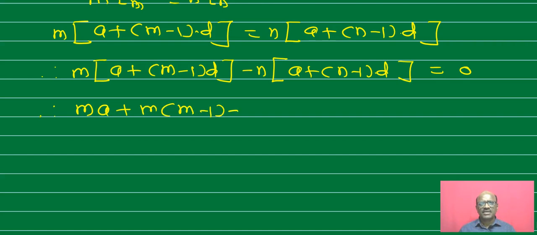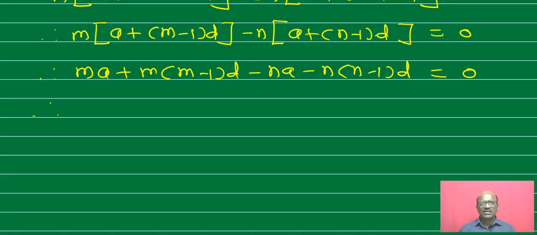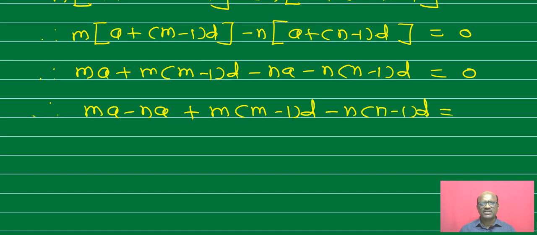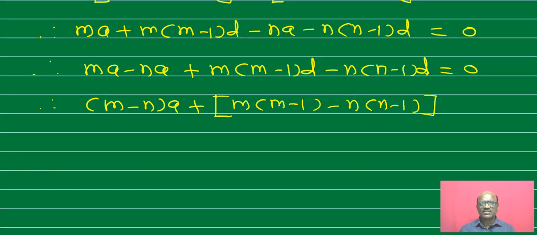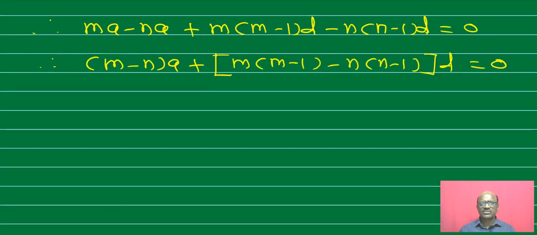ma plus m(n minus 1) into d, minus na minus n(n minus 1) into d, equals 0. Now bring the like terms together: ma minus na plus m(n minus 1) into d minus n(n minus 1) into d equals 0. Take a as common, therefore you will get (m minus n) into a plus (m(n minus 1) minus n(n minus 1)) into d equals 0.